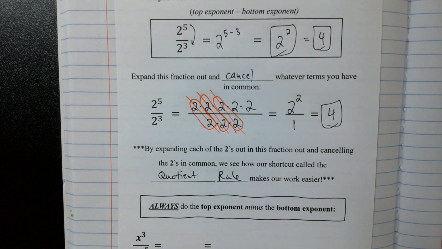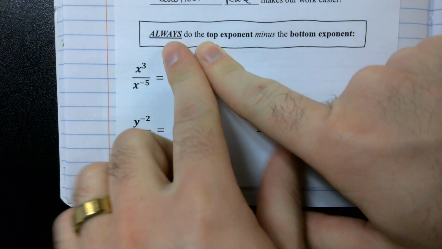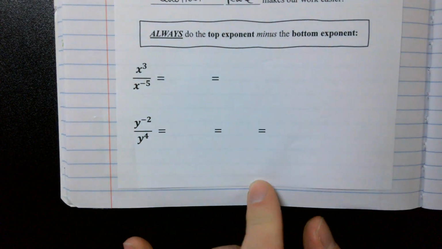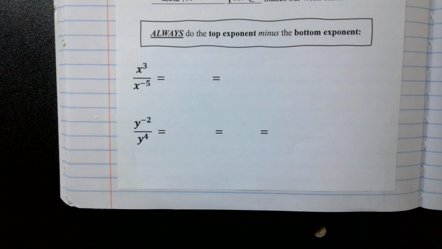Whether we subtract the exponents or add the exponents together. All right? You always, always, always want to do the top exponent minus the bottom exponent. Subtracting downward. Top minus the bottom.